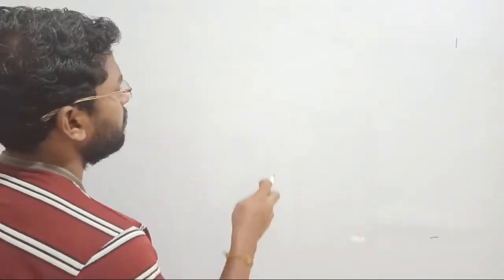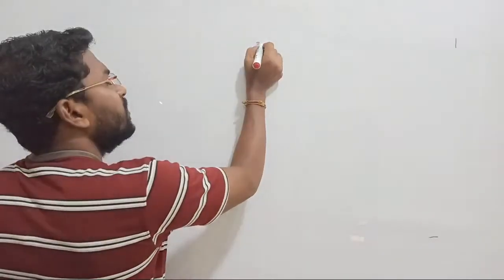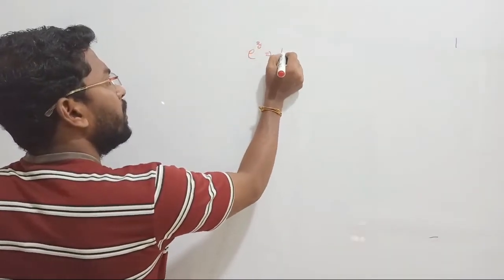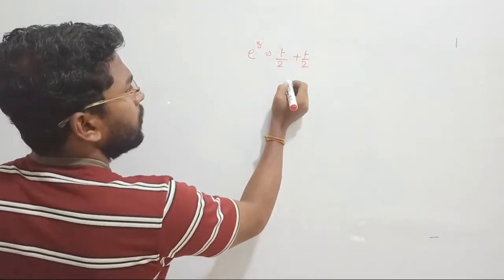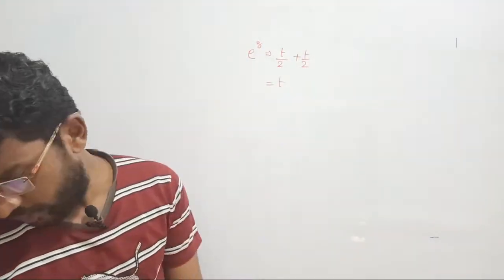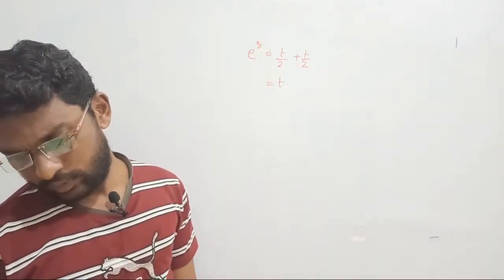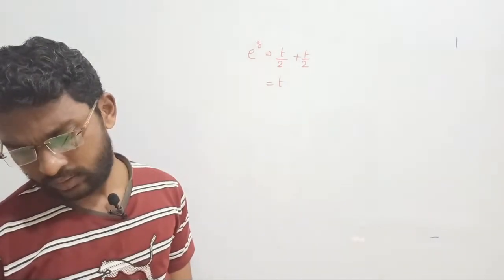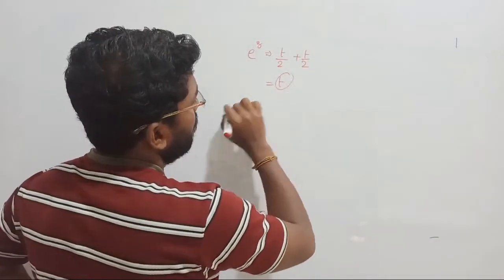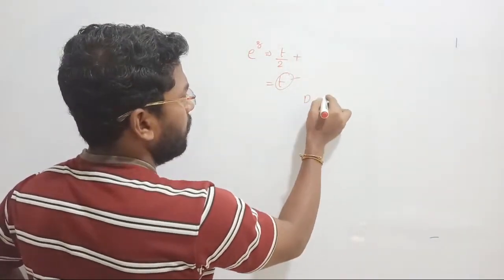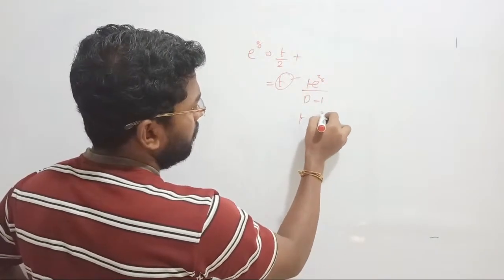Once again, if that is minus 1, then what happens? Minus 1 on the e power z, then I will get t by 2, plus in the second case t by 2 again, that will become t. Do you have any option like that? No, t is not there. Actually, guys, please give a few seconds. If it is t, that is perfect, but it won't be t. You are getting t minus 1 e power z, and it will be 0, it will become t into e power z.